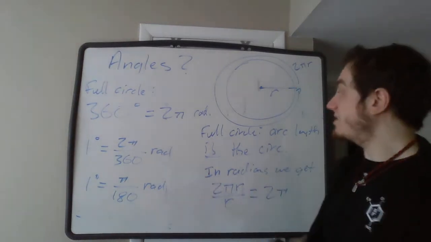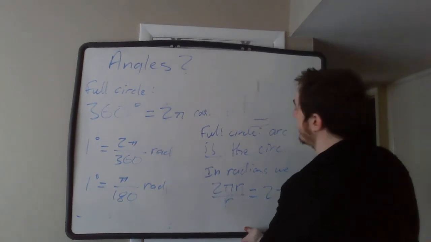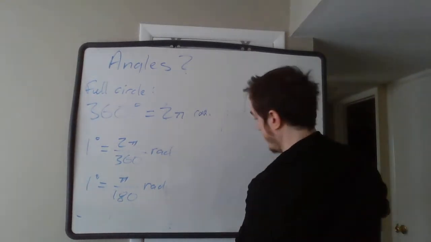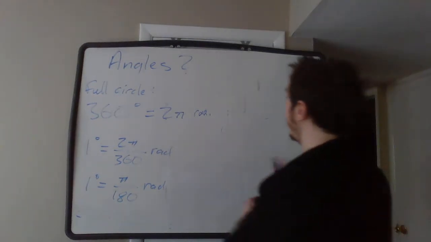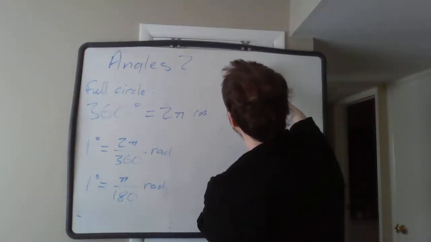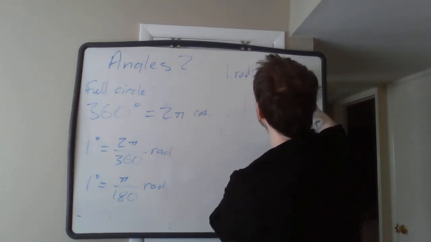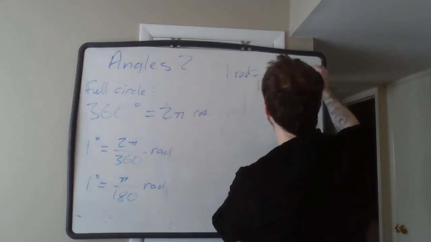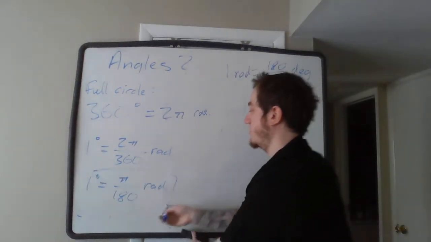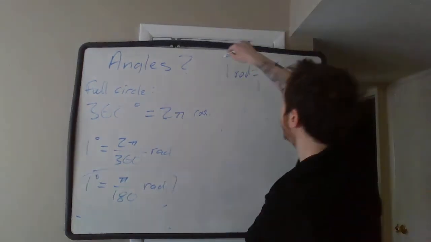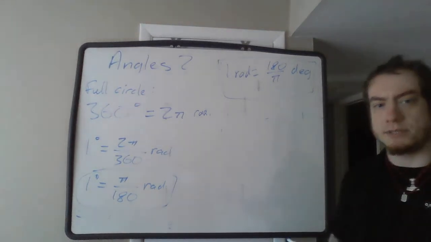Now, if I take this, I can then use that to convert to give me radians in terms of degrees, so I can say that 1 radian is equal to 180 over pi degrees. So these are your conversion factors for going back and forth between radians and degrees.